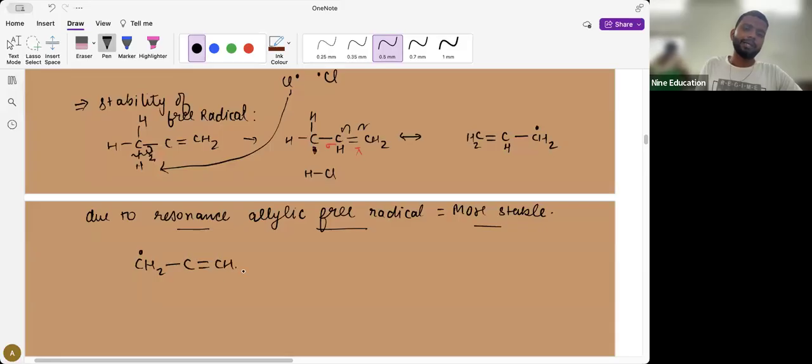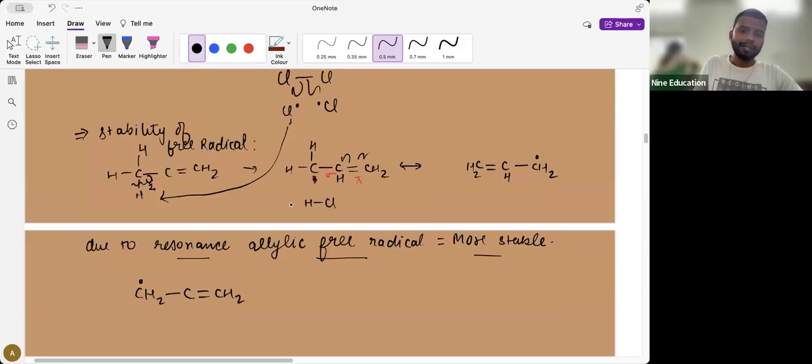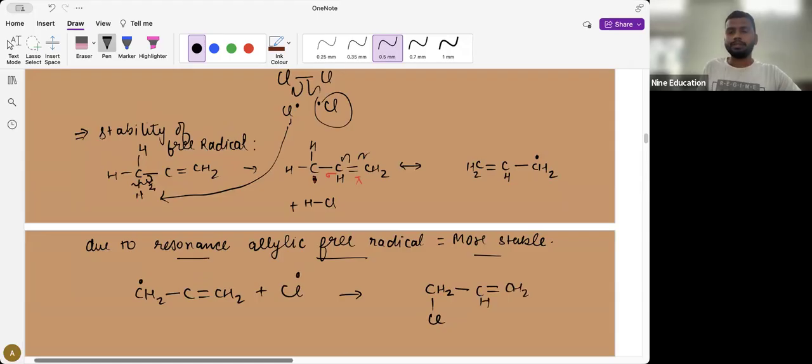So one Cl was gone with HCl, another Cl will come and attack on this free radical and will make CH2Cl this side, and then we have CH2 and H this side.